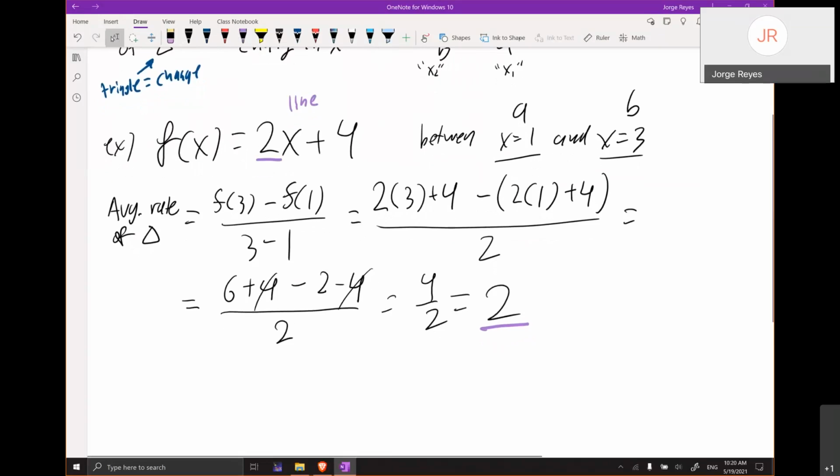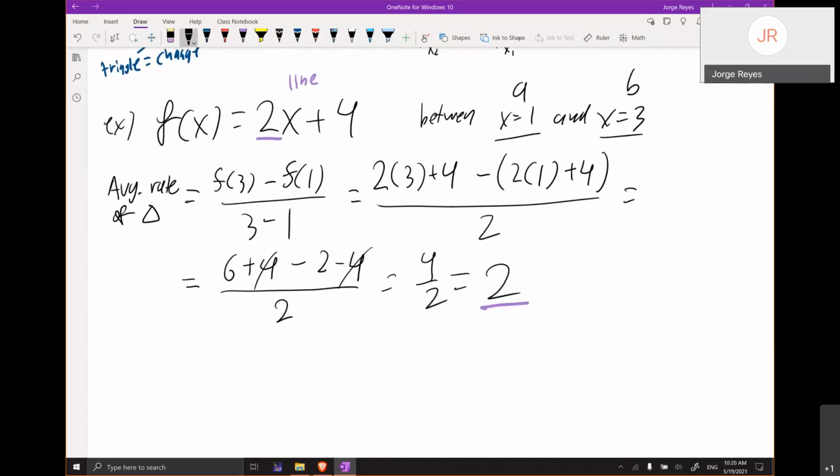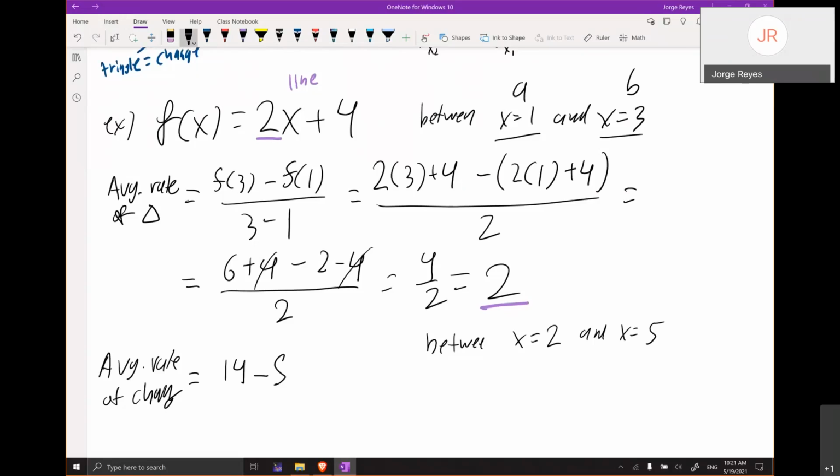So actually, if I did the same function but between x equals 2 and x equals 5, for instance, and do the whole thing all over again, average rate of change: if I plug in 5, I'm going to get 14, minus, and if I plug in 2, I get 2 times 2, 4 plus 4, 8, all over 5 minus 2.